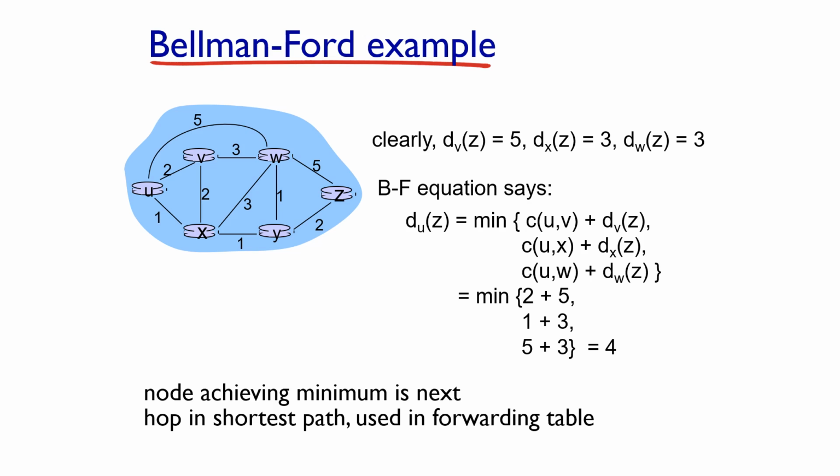W to y is 1, y to z is 2, so 1 plus 2 is 3. That is added to the cost of u w. So u w plus w z. The minimum among these three is 4, so that is the table value to reach from u to z.